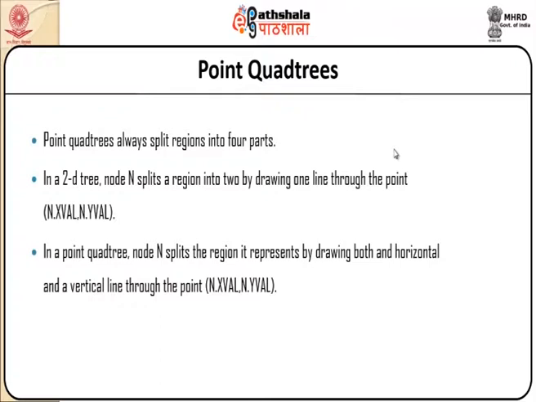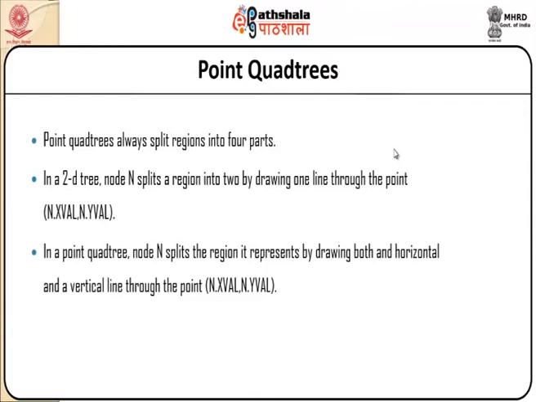so that I can exactly say that it has all 4 directions, say northwest, northeast, southwest and southeast. So, any specific point that has been identified, if it is to be inserted into the tree, then I will perform the split into 4, so that I can identify all 4 regions.